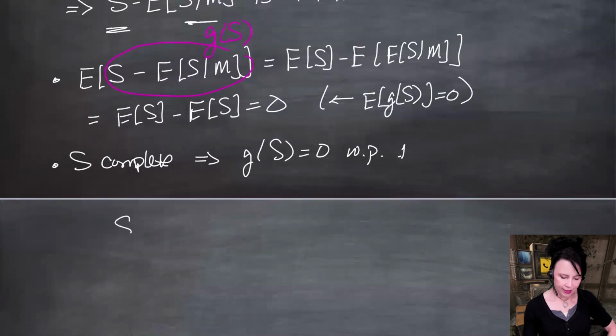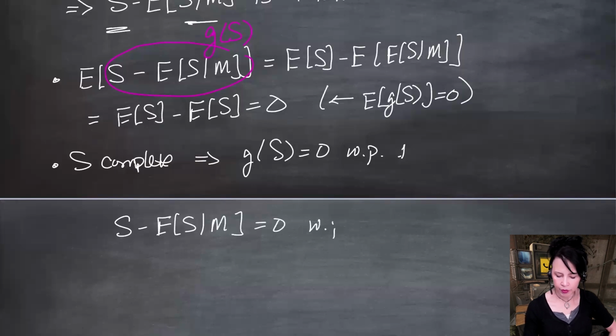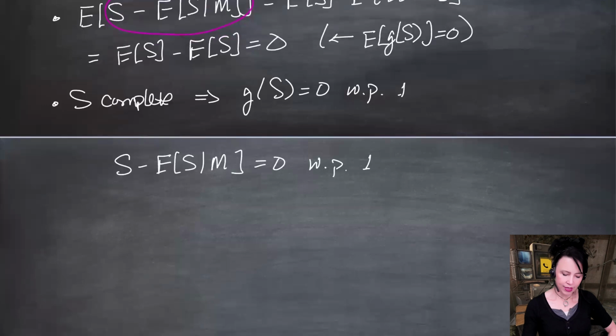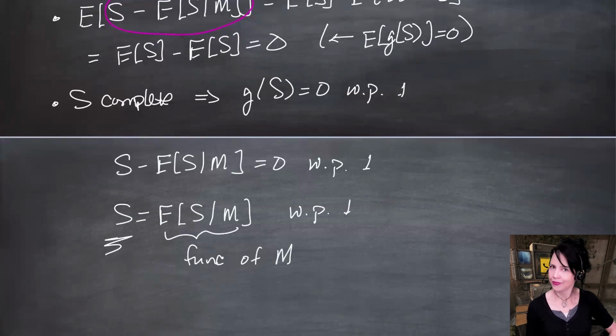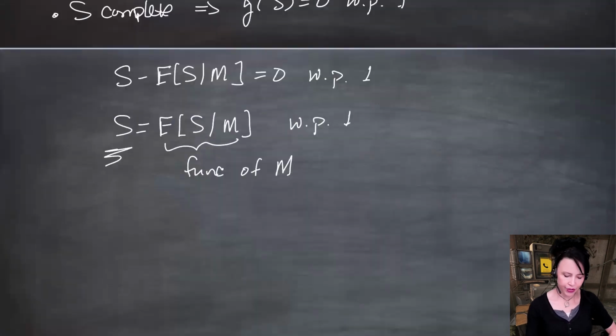What is g of S? It's S minus the expected value of S given M is 0 with probability 1. This means that S is the expected value of S given M with probability 1. So S is written as this expectation, but as we've talked about already, this is a function of M. And that's what we were trying to show.